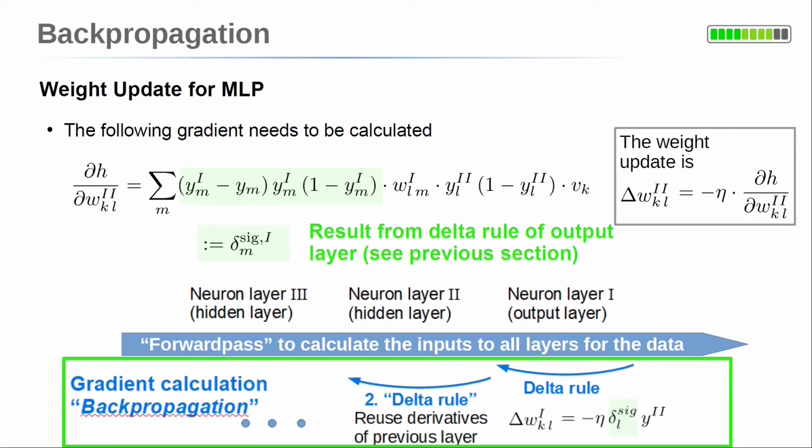After that, the second next hidden layer to the output is calculated, and so on. This backpropagating approach, calculating the derivative from the output layer toward the input layer, is very computationally efficient because we can reuse the previous calculation results. This algorithm is called backpropagation.